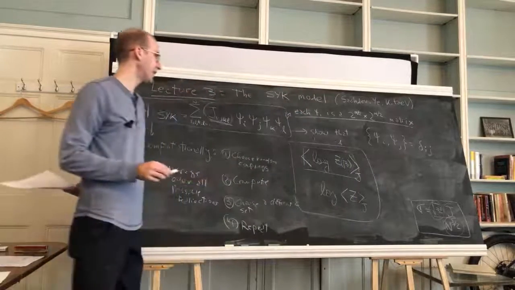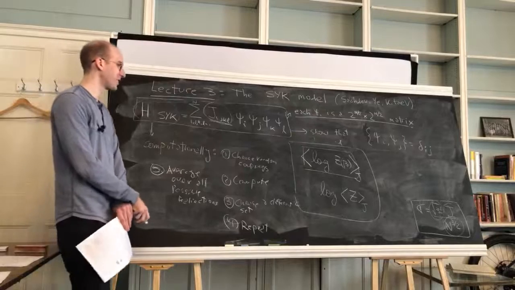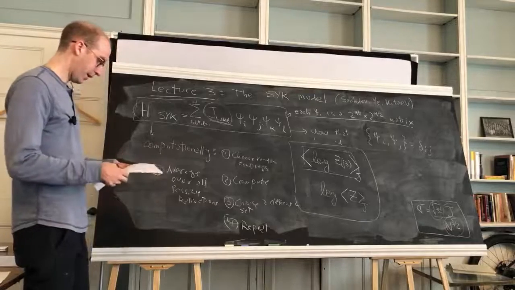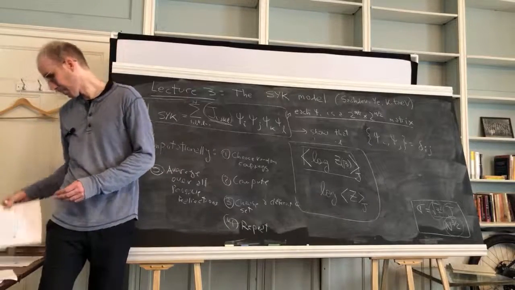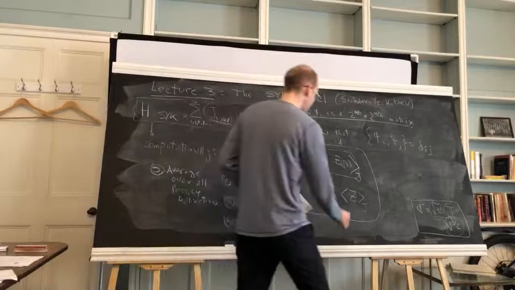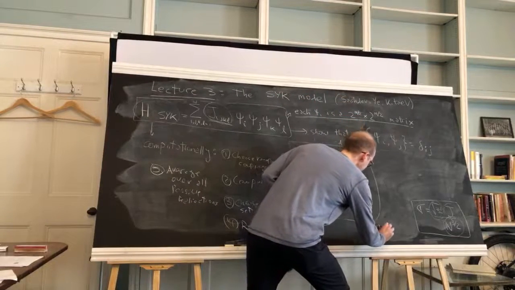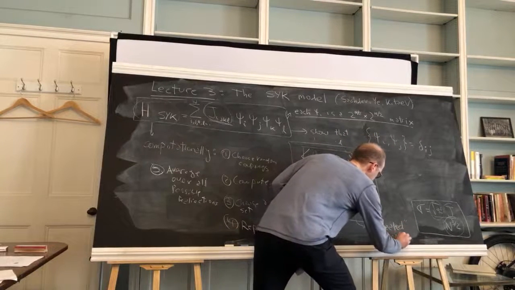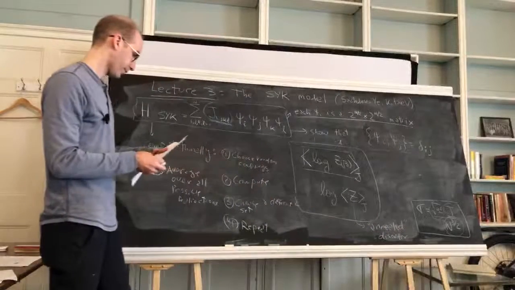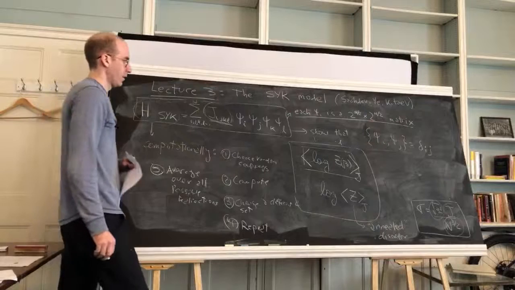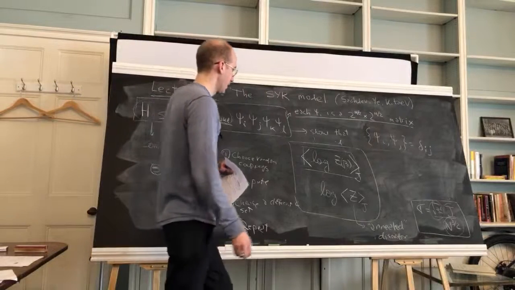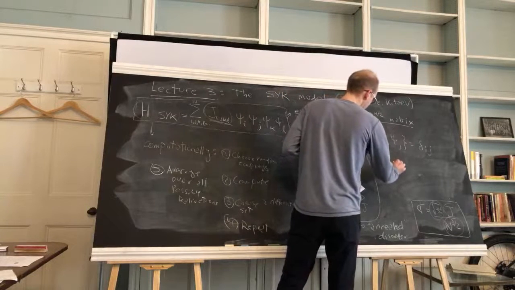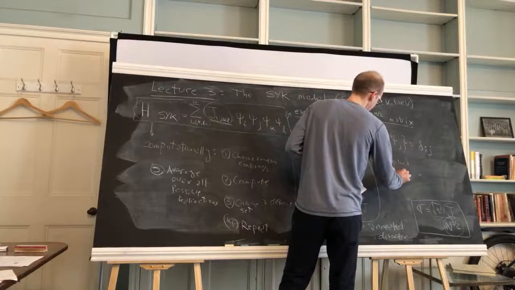If you think a little bit about this, there's no reason why these two things should be the same. This is what people call annealed disorder. When you try to compute the other one, there's something that you might have heard about that is called the replica trick.